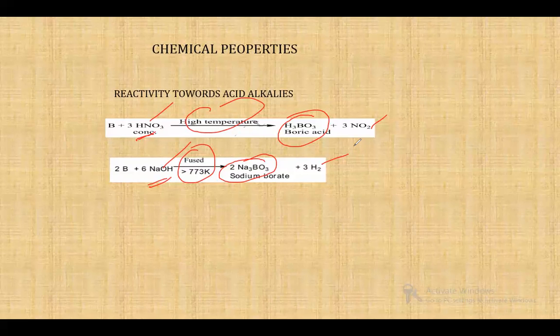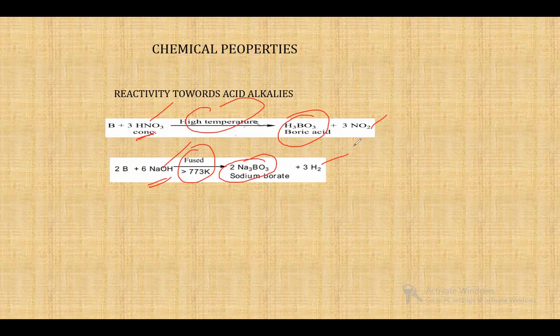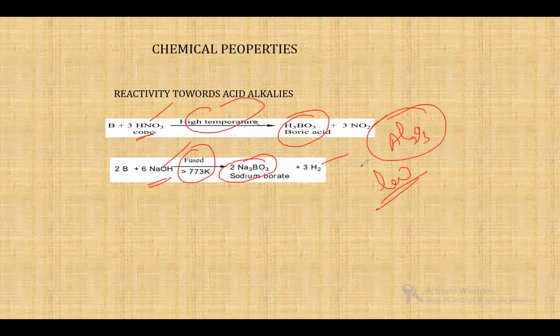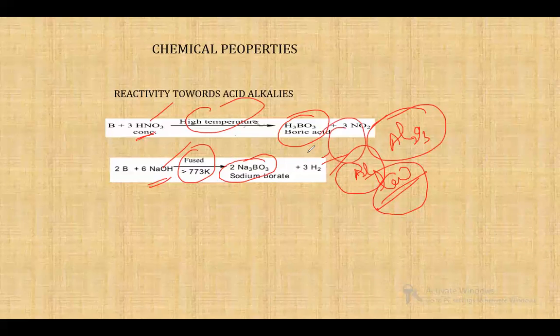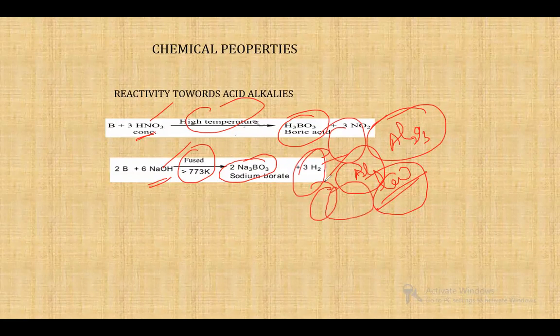Not only this, we studied aluminium. Aluminium also reacts with acids and bases, but the reactivity is slightly lower because aluminium forms a protective layer of Al2O3, aluminium oxide, around it. This slows down or prevents the chemical reaction.